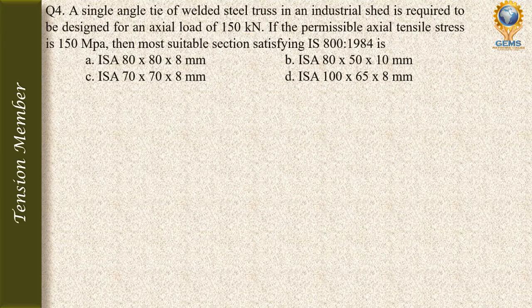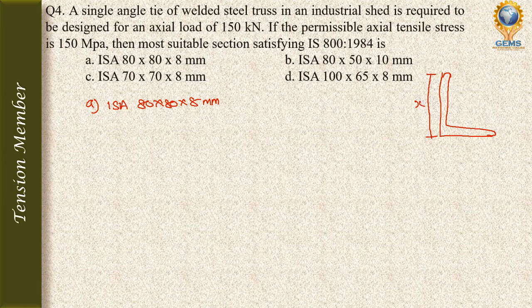So from option A, it is 80 by 80 by 8 mm. If you take the angle section, this is X and this is Y, this area is common for both legs.